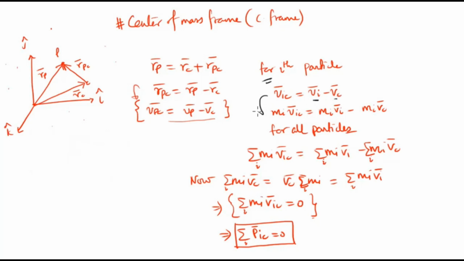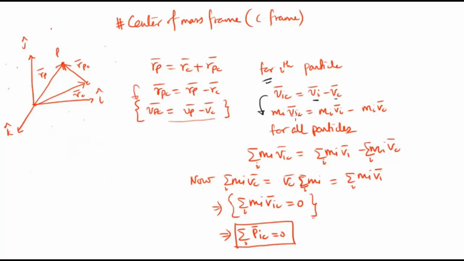Okay, so just multiply by the mass of that individual particle i. So it's going to be mi VIC is equal to mi VI minus mi VC. This is the momentum of the ith particle with respect to the center of mass.